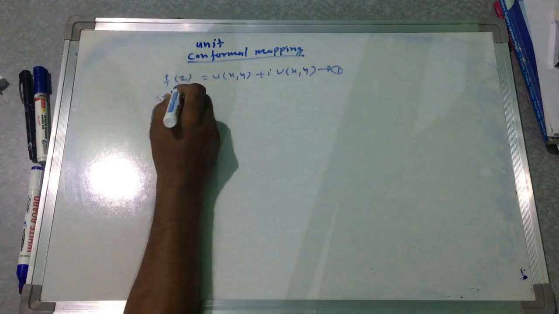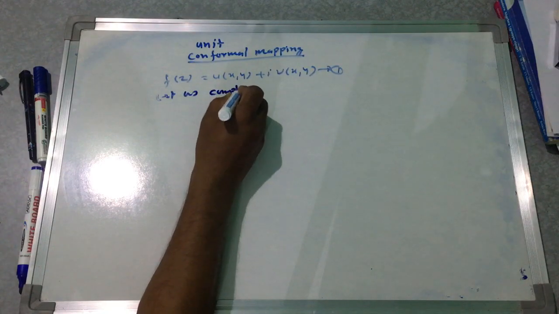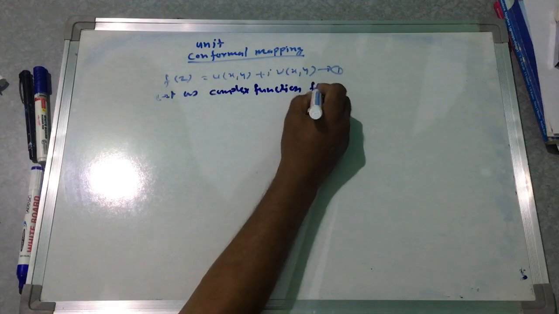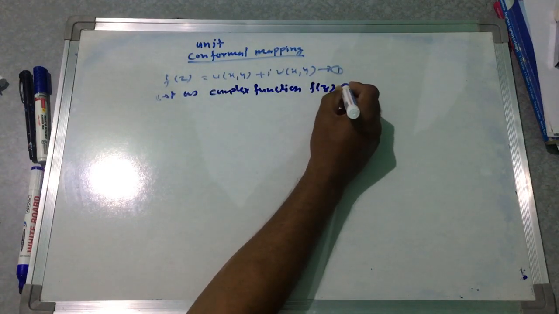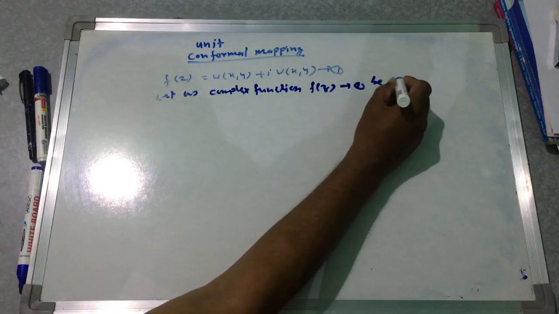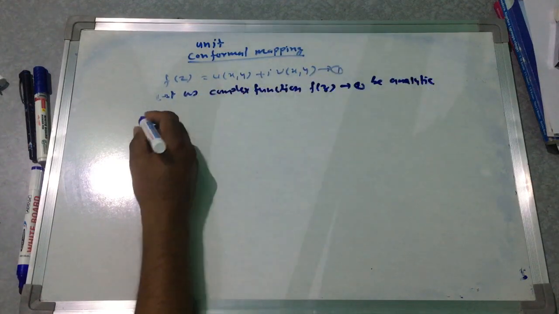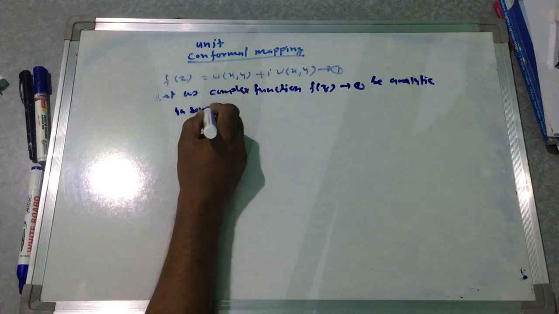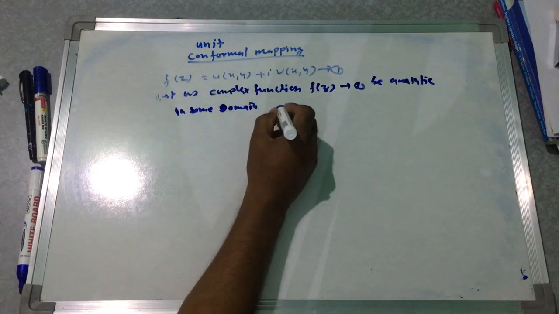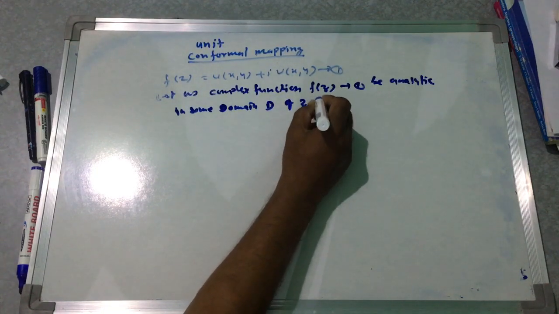Now let us suppose the complex function f of z, this is 1, be analytic in some domain, that is D of the z plane.